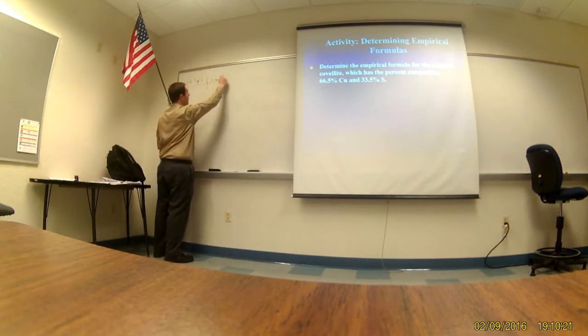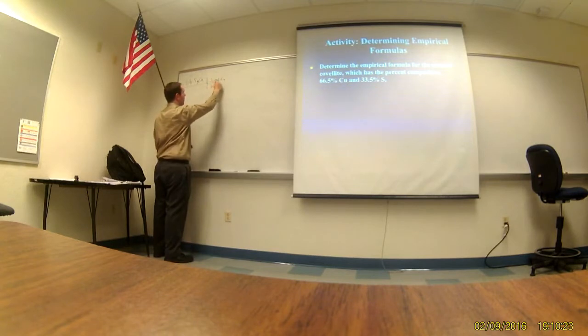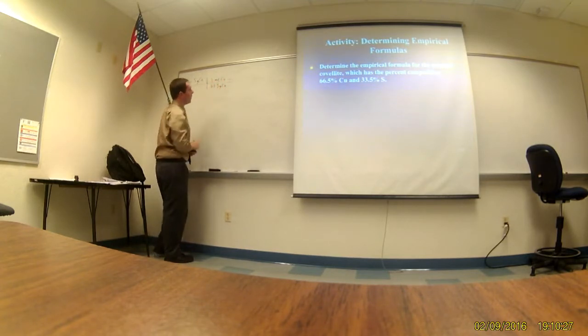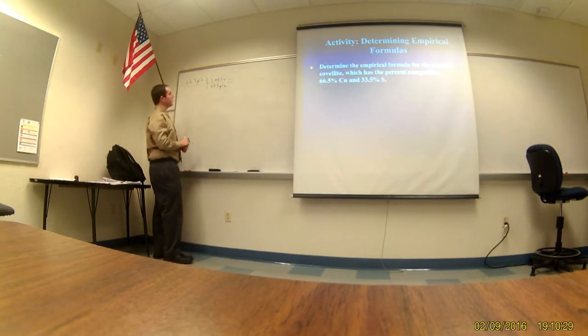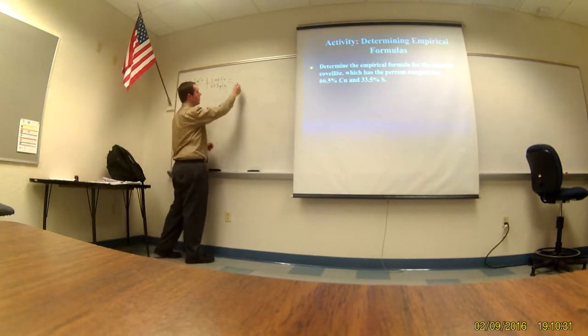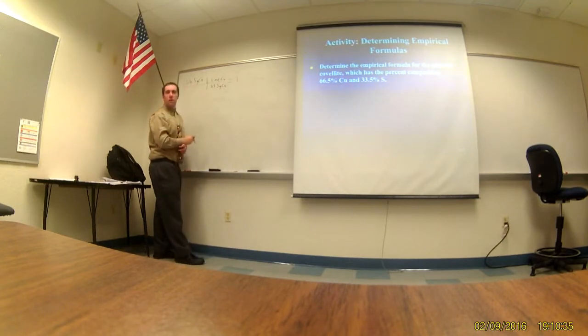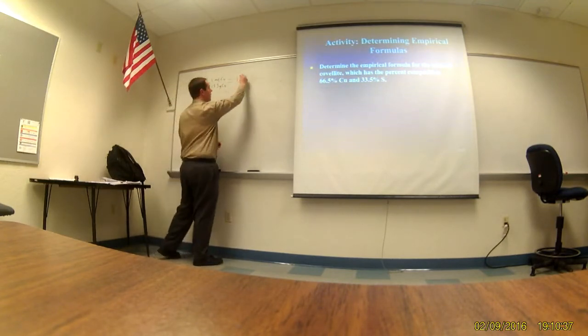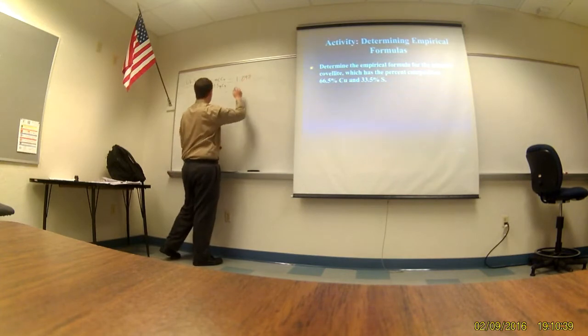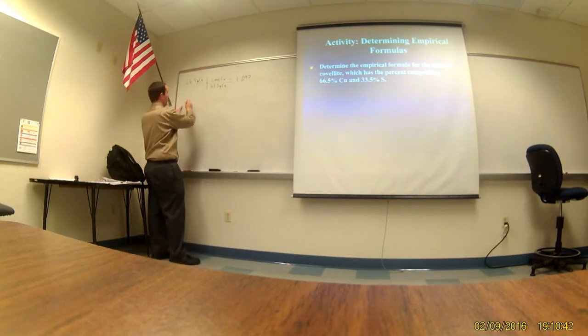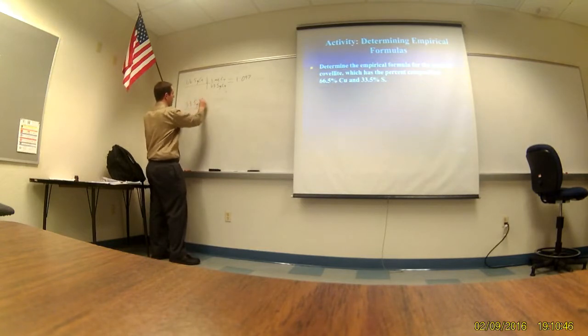1 mole of copper weighs, I think it was 63.5 grams. How many moles of copper do I have? It's going to be 1 point something. 1.047. Now I get my sulfur. I've got 33.5 grams of sulfur.